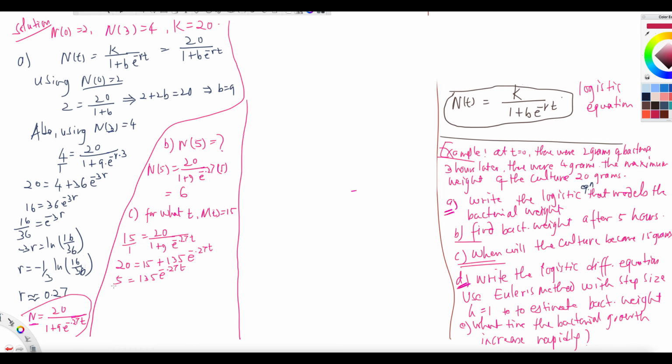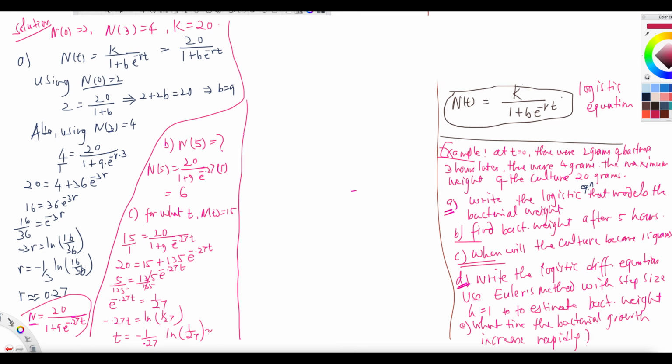Divide by 135, so you get e to the negative 0.27t equals 5 over 135, which is 1 over 27. Now take the natural log, you get negative 0.27t equals natural log of 1 over 27. So t is negative 1 over 0.27 times natural log of 1 over 27.